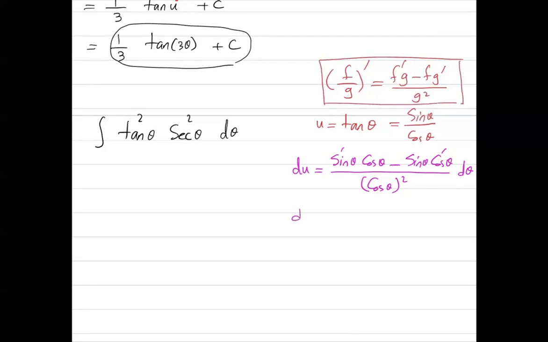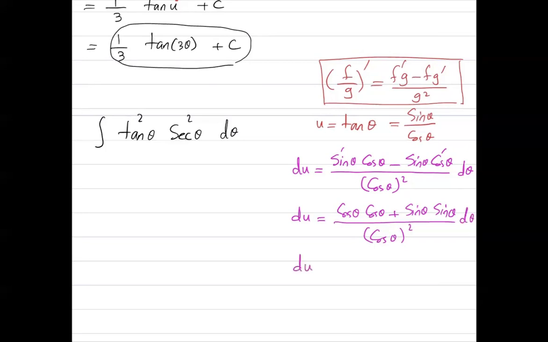So your du is equal to the derivative of sine, which is cosine. You have cosine theta times cosine theta minus sine theta times the derivative of cosine, which is negative sine. So you get a plus sine theta, divided by cosine theta to the second power d theta.